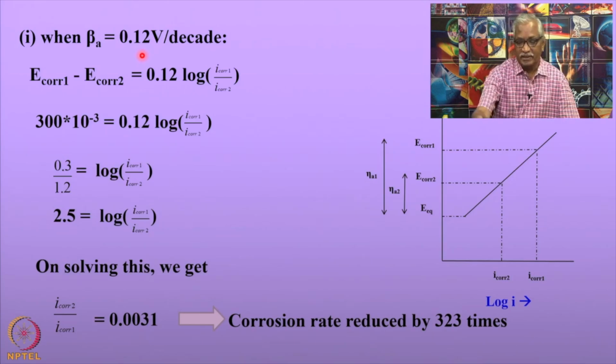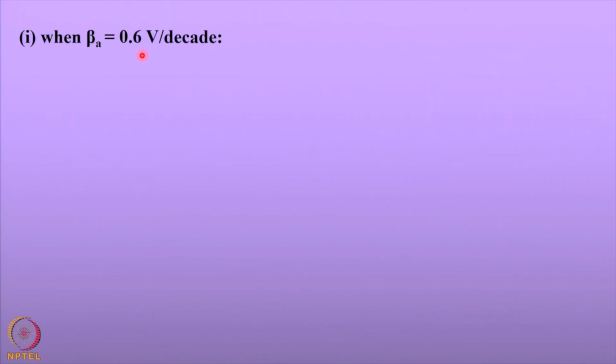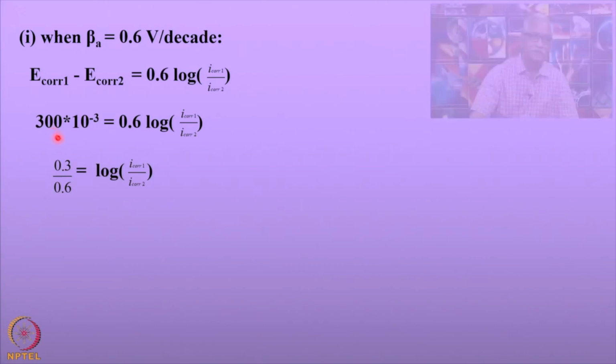Now, let us look at the other alternative, should the Tafel slope be 0.6 volt per decade. So, what happens? We can use the same methodology to solve the problem, and we retain the applied voltage as the same 0.3 volt, which is the polarized value in the cathodic protection.